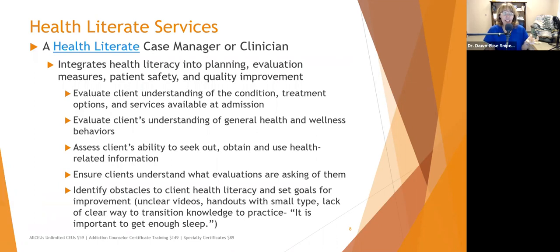If they're not in the client's language, if they're written too technically, or if you're giving them to people who have visual impairment, you may need to adjust your handouts. Or if the information that you're giving them lacks a clear way to transition knowledge to practice.